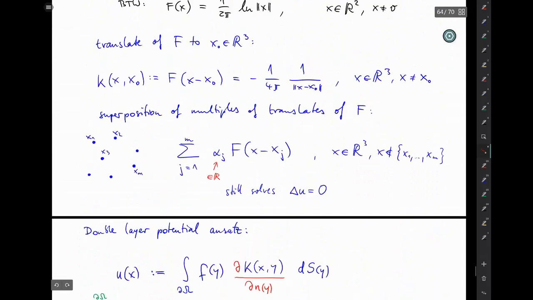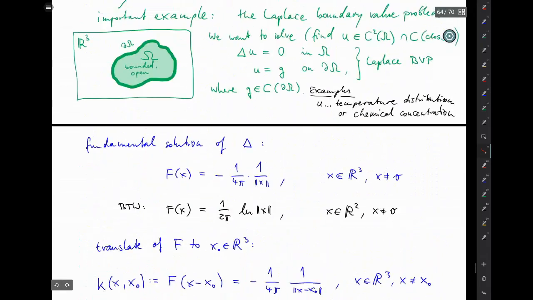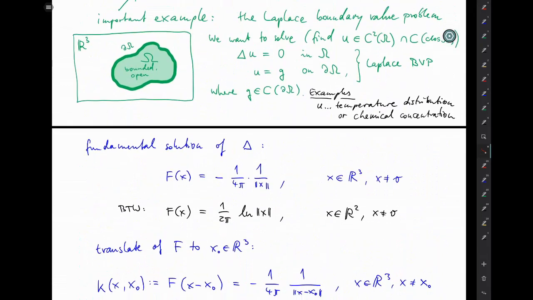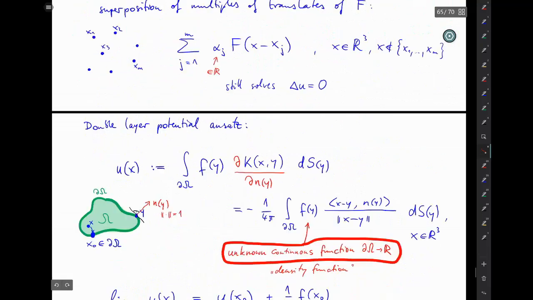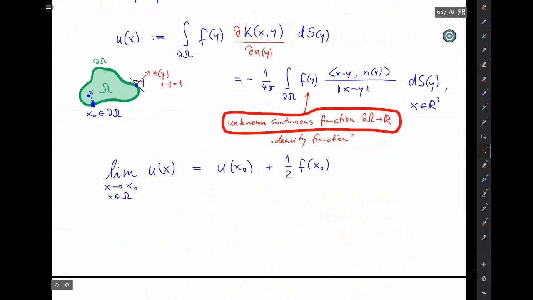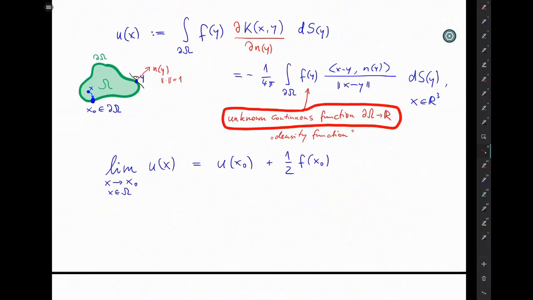Okay, and in our case, looking back to the boundary value problem, we want the limit as u goes to your boundary to be given by this function g on the boundary. So now function g enters the scene, and this is here.